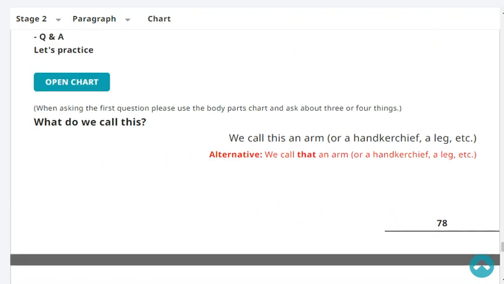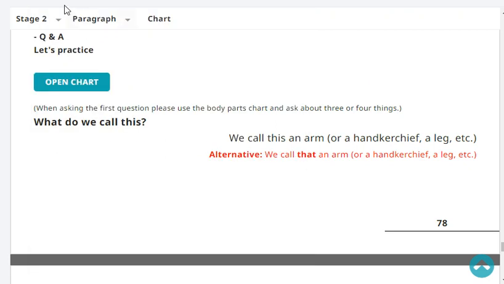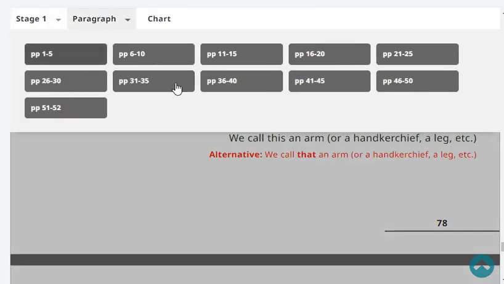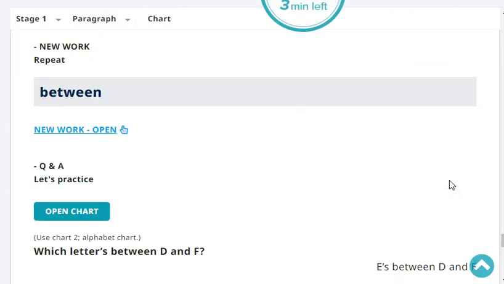Okay, so now let's move on to your reading. Reading is at stage one, page 20. Last head word was between. Okay, start with between. Between. Which letter is between D and F?